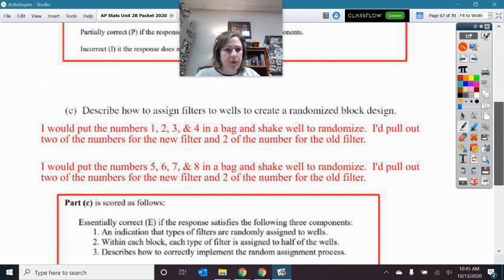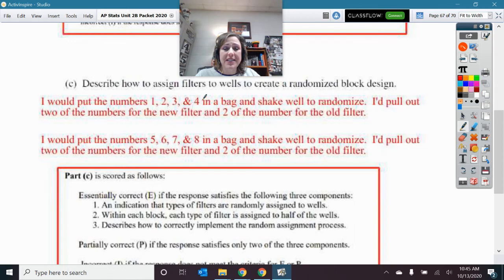Here we go. Next, describe how you will assign the filters to create a randomized block design. So look, I'm going to put all the numbers 1, 2, 3, 4 in a big bag, shake well to randomize. I'll pull out 2 of the numbers for the new filter and 2 of the numbers for the old filter. Done. And then I described what I was doing for the other block.